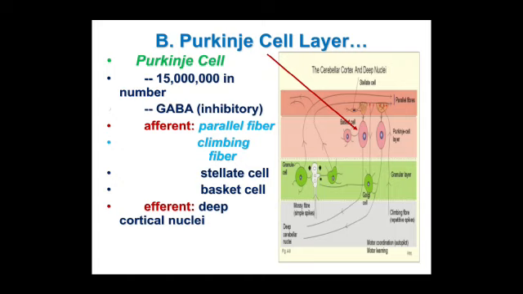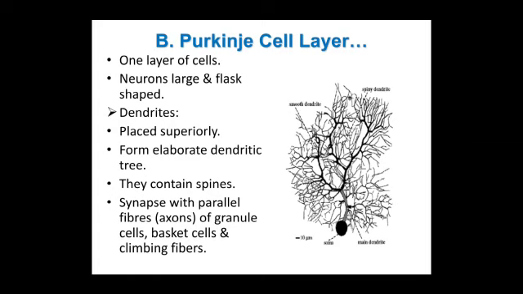almost 150 lakhs in number. The afferents received by it are from parallel fibers, climbing fibers, stellate cells and basket cells, and efferents go to the deep cerebellar nuclei. Each Purkinje cell is large and flask shaped.